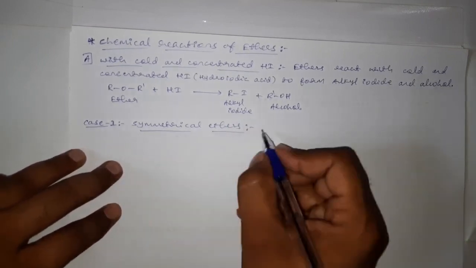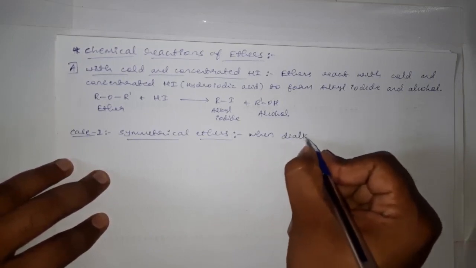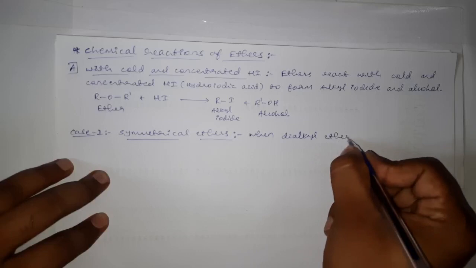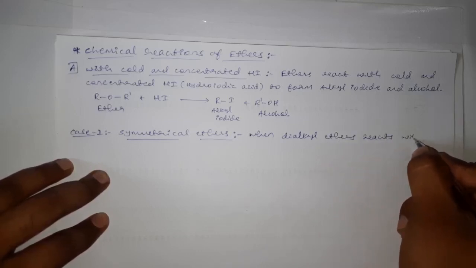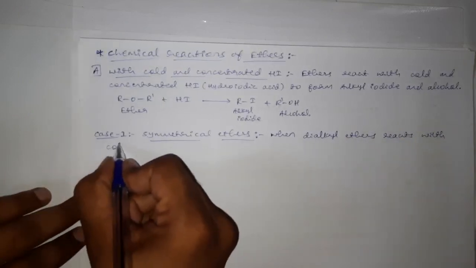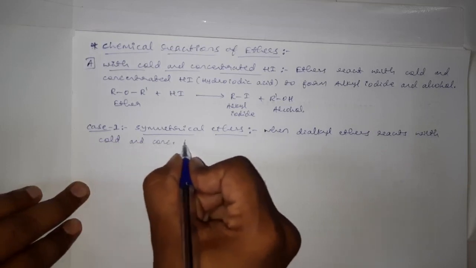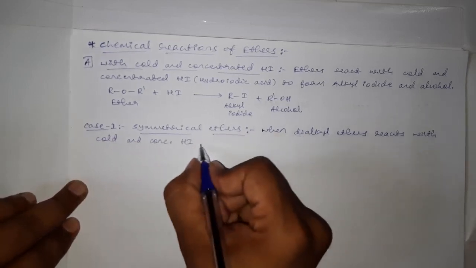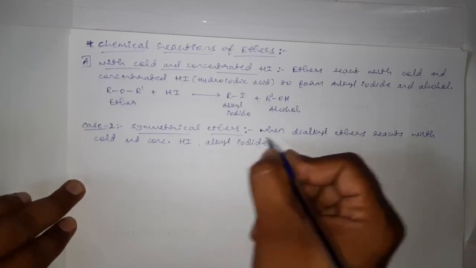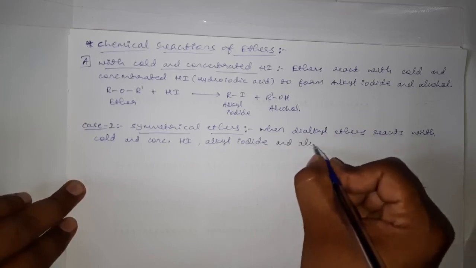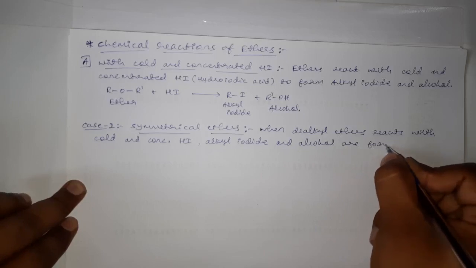See, when dialkyl ethers react with cold and concentrated hydroiodic acid, alkyl iodide and alcohol are formed.